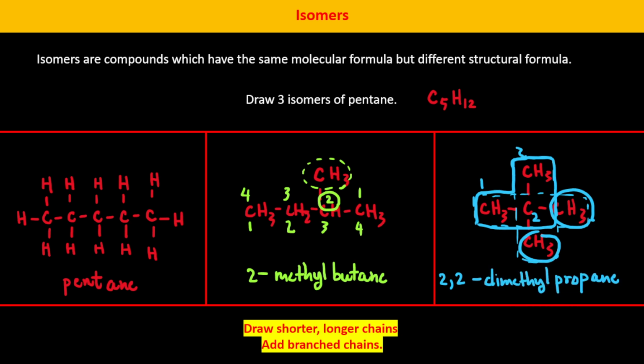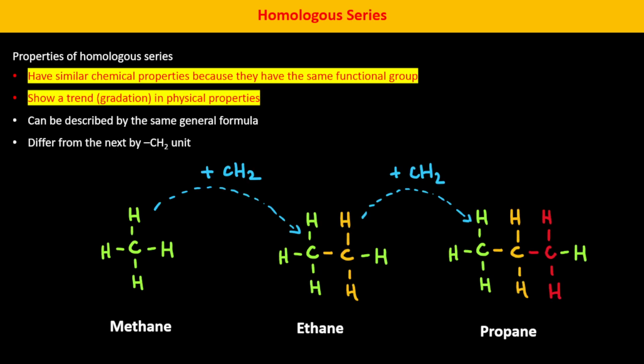Alright. So properties of homologous series. So alkanes are a homologous series because why? They have similar chemical properties because they have the same functional group. In this case, it is carbon to carbon single bonds, okay? And then they show a trend in physical properties.